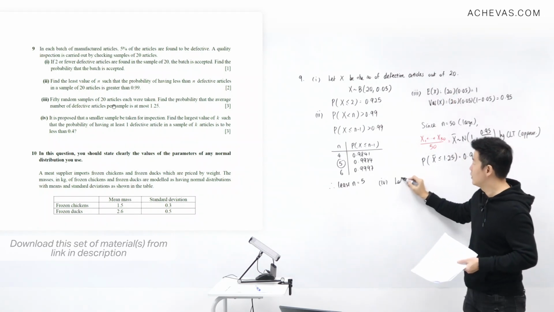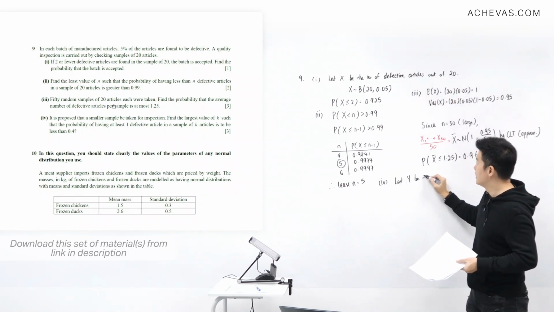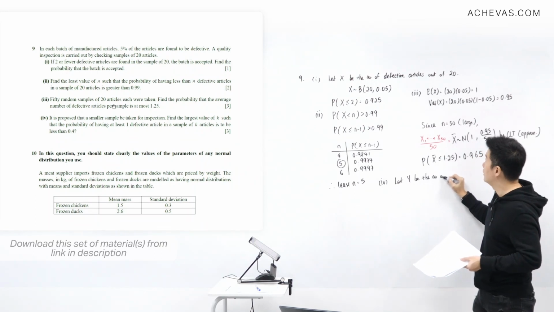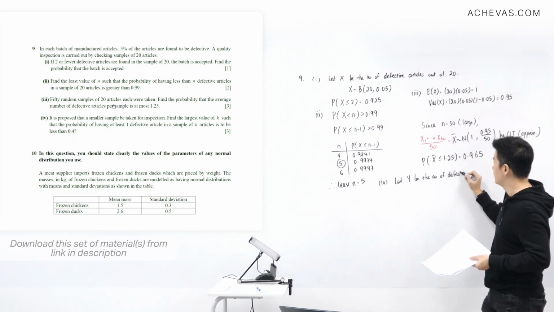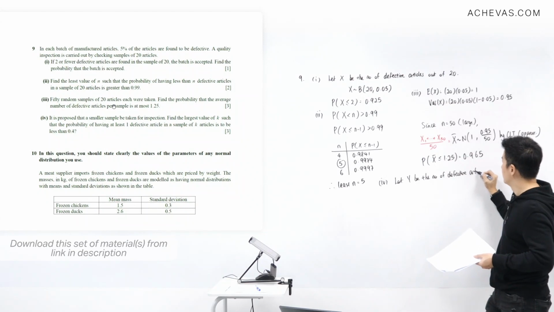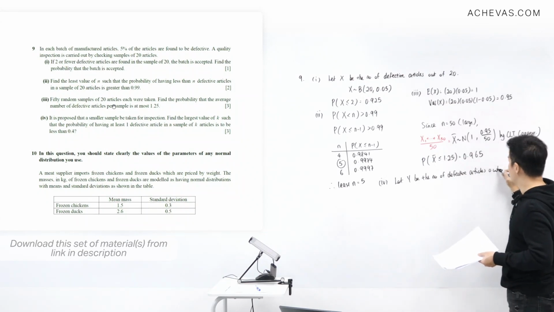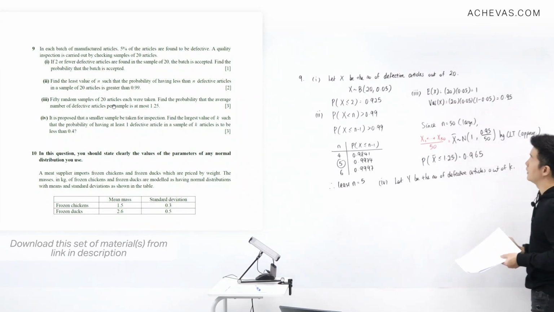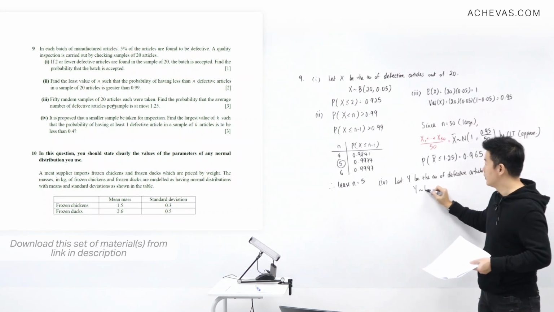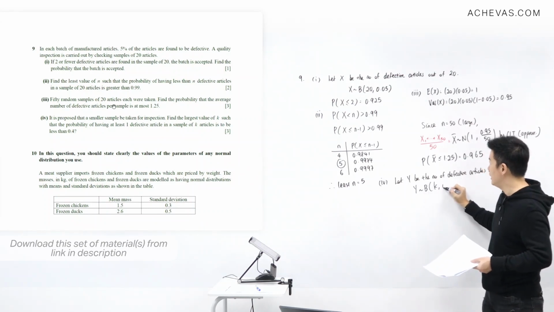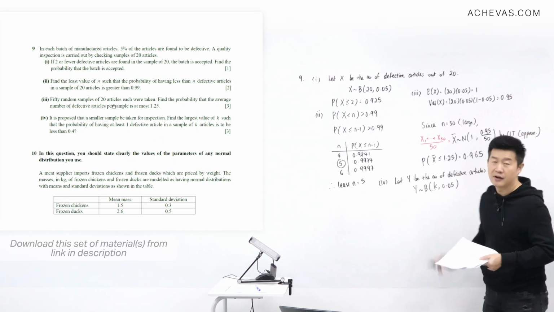So we're going to let Y be the number of defective articles out of K. So we're looking at Y to be following a binomial distribution of K and 0.05.